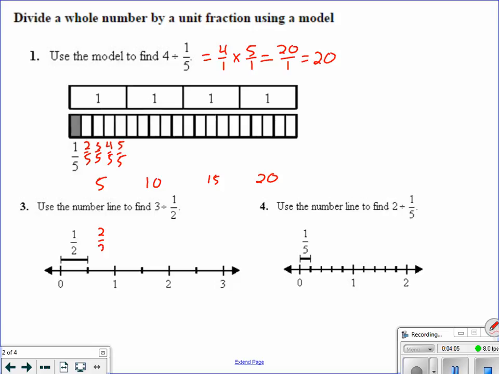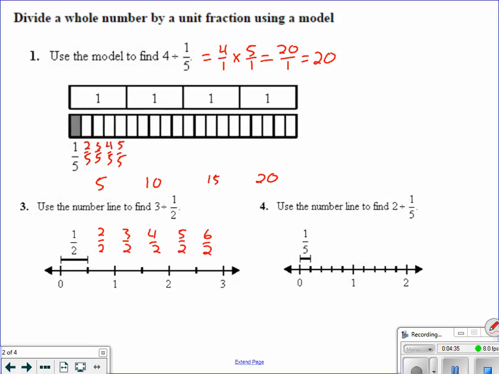This would be 2 halves, 3 halves, 4 halves, 5 halves, 6 halves. So 6 over 2 is 3. You've got 6 parts in the 3. So we're able to fit 6 of the halves in the 3.